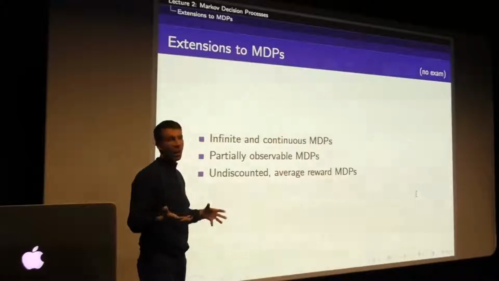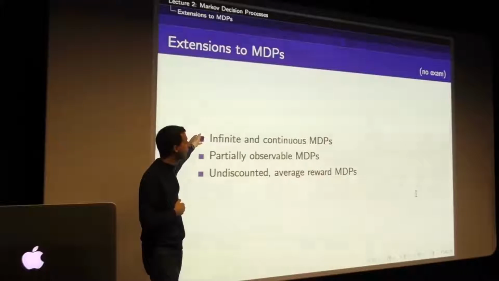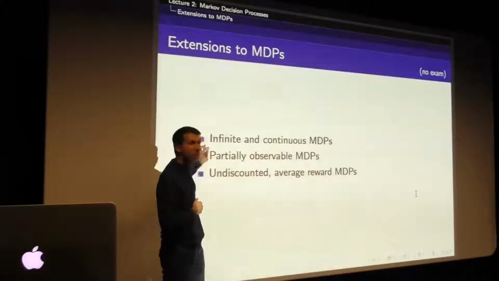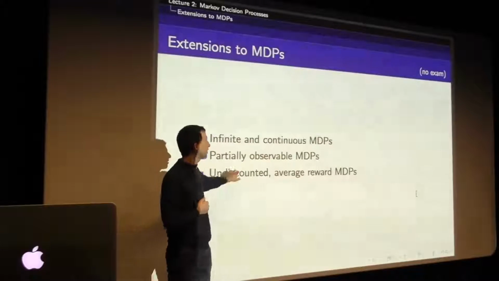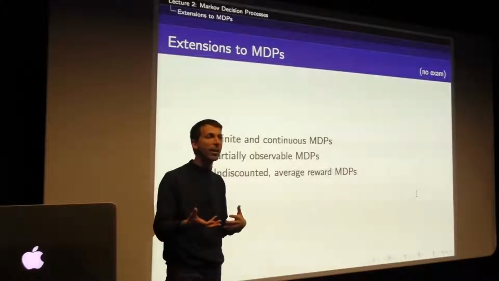But the extensions are on the slides just there as additional material, in particular telling you how to deal with infinite MDPs, continuous MDPs, partially observable MDPs, undiscounted average reward MDPs. These are the major extensions to the MDP framework.